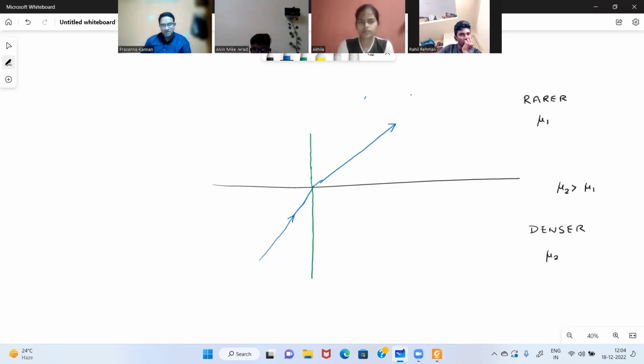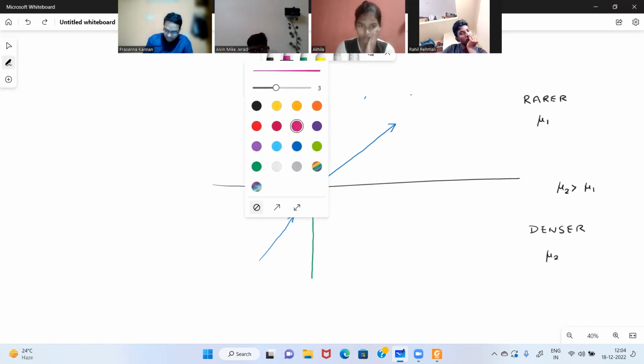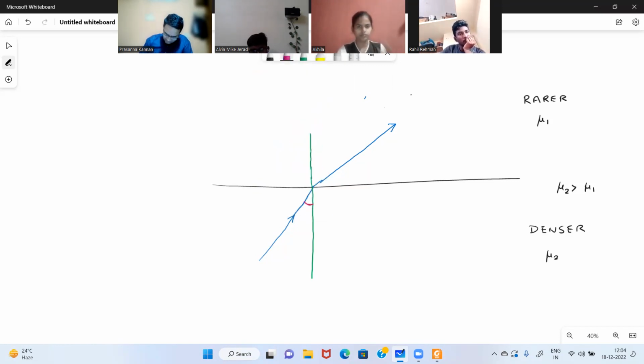Now this is your angle of incidence and this will be the angle of refraction. Correct? If I further increase the angle of incidence, for example, let us say it was here, but now I'm going to increase it further like this.